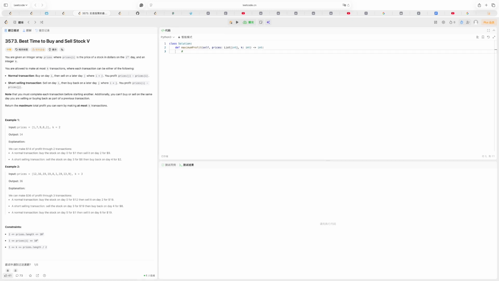So I think the k has to be in the parameter as well, since I have to know the previous states, how many transactions did I use.